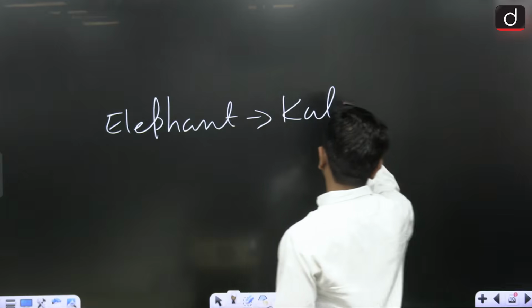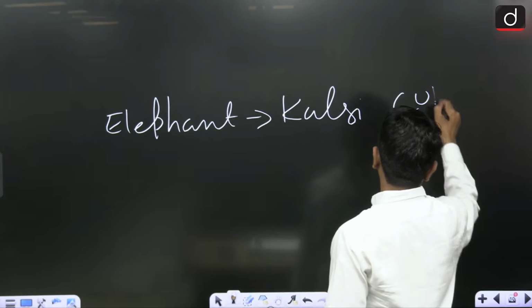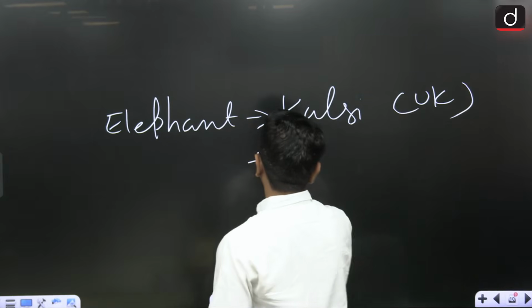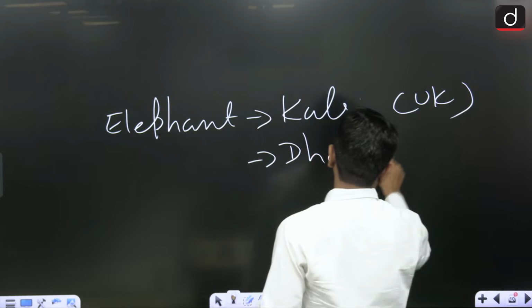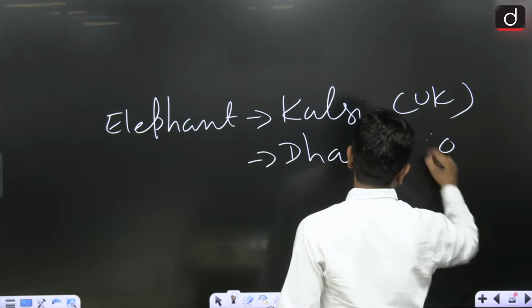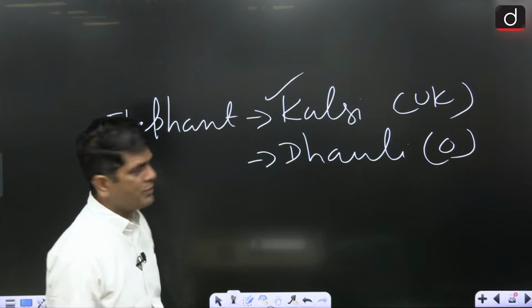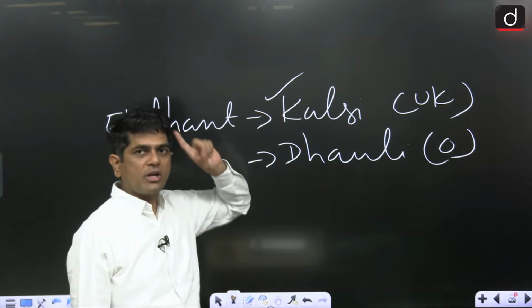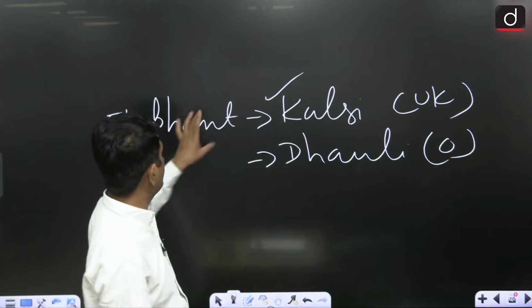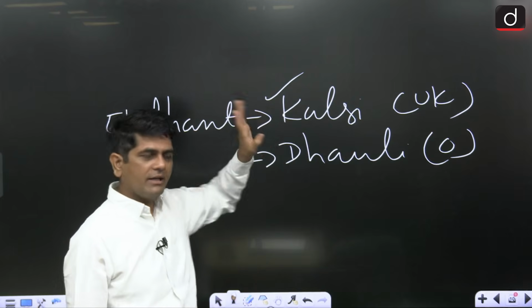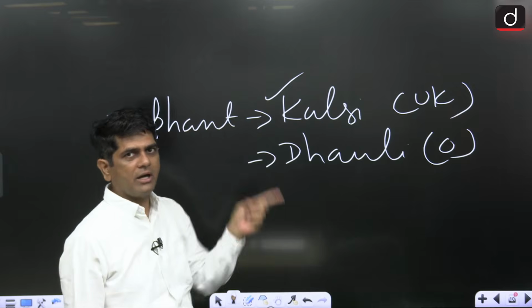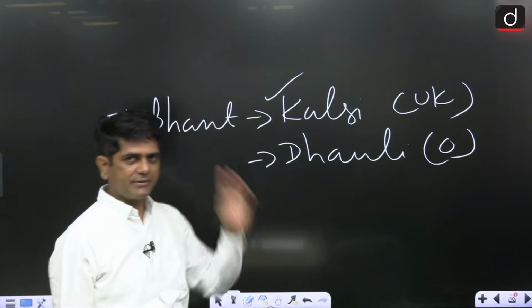At Kalsi. Where is Kalsi? Uttarakhand, near Dehradun. And Dhauli, remember dear, Dhauli, Odisha. Remember, this question has already been asked by UPSC. Kalsi, Uttarakhand, and here we have the statue of elephant. And these are not part of the pillars.